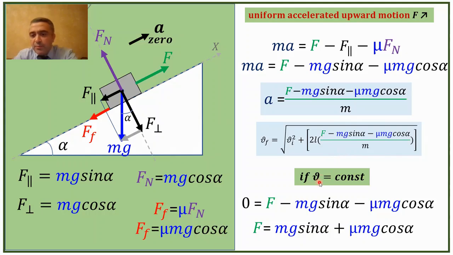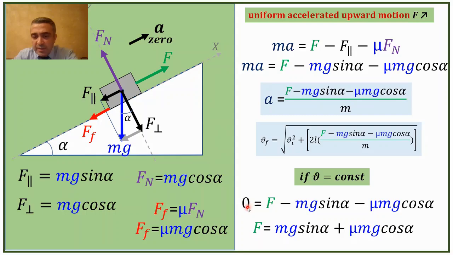And if this object is going in uniform motion, the velocity becomes constant, so the acceleration equals zero, so the resultant force equals zero.